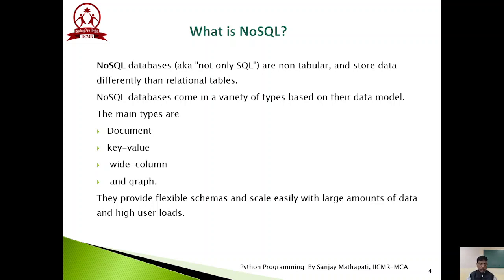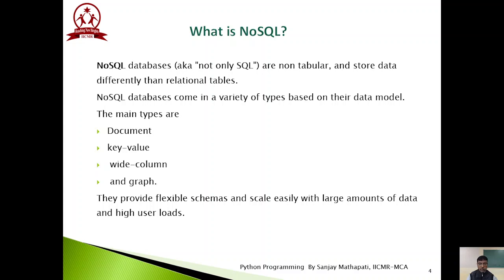But actually NoSQL stands for Not Only SQL, where data may not be stored in the tabular form which is there in regular SQL databases. It stores the data in a different fashion than relational tables. In SQL there is a standard, fixed structure using which we store the data, but in NoSQL databases no standard or fixed structure is imposed. Of course it supports structure, but flexibility is provided with the structure of the database.